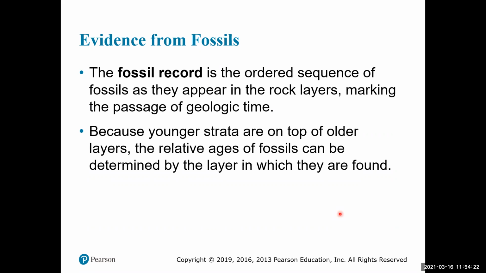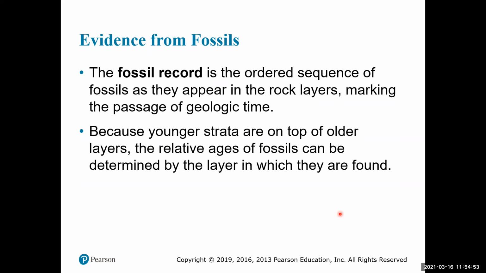What we can do with the data that paleontologists generate is organize that data based off of dates that we get for the fossils we find, and we can order those fossils as a sequence in how they appear in the rock layers, and we can look at how species and diversity change through geologic time and throughout the Earth's history.